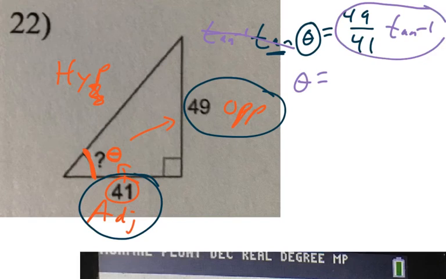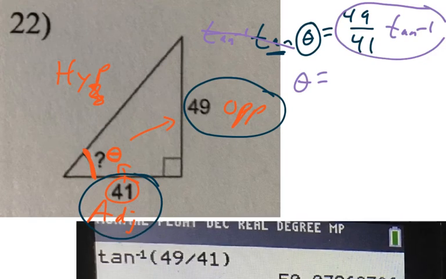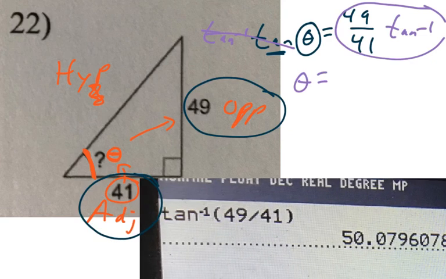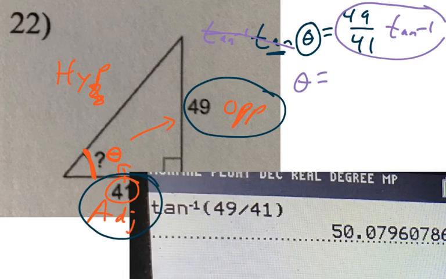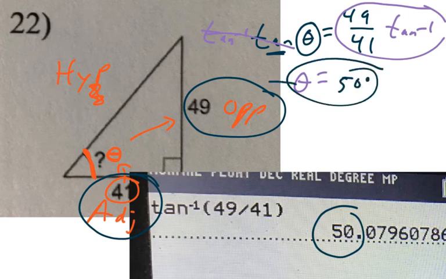So typing it in correctly in your calculator, and that's one of the things you're going to be practicing without me tomorrow, tangent inverse of 49 over 41. And if I round that off, that's a 50. So guys, we just figured out the angle theta right there is 50 degrees.